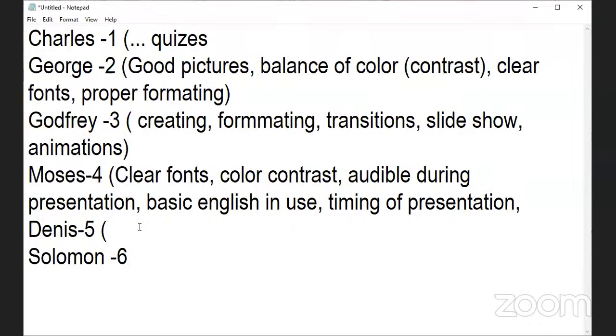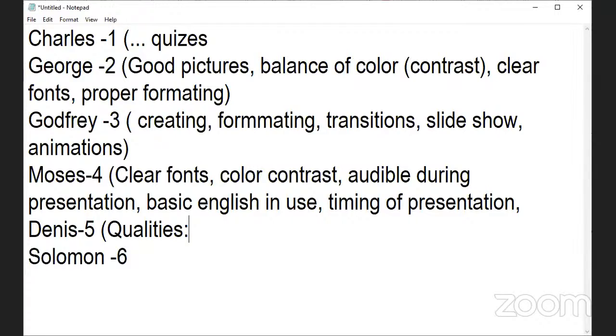So in our group, we talked about the quality mostly, and members came up with some qualities that a good slide should have.